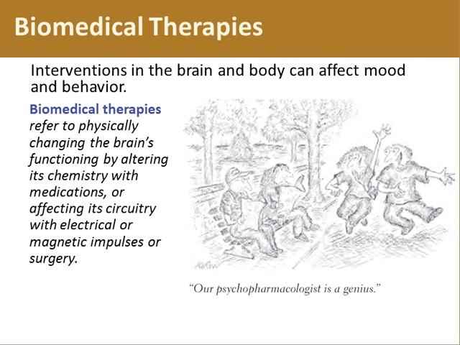Biomedical therapies: interventions in the brain and body can affect mood and behavior. Biomedical therapies refer to physically changing the brain's functioning by altering its chemistry with medications or affecting its circuitry with electrical or magnetic impulses or surgery.